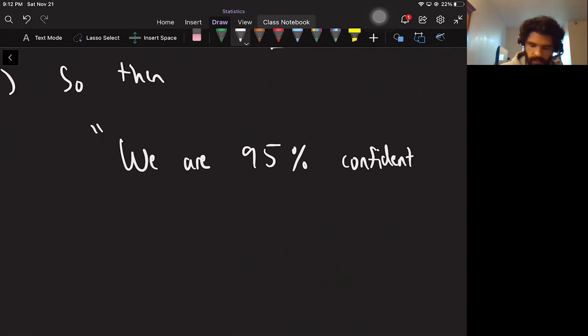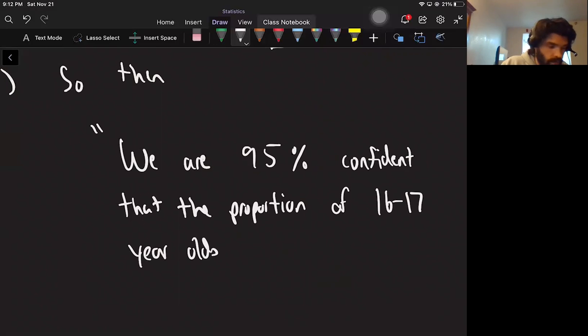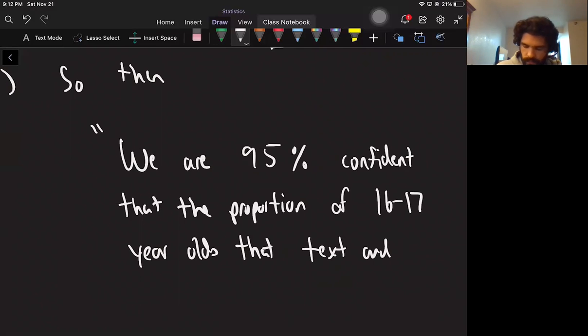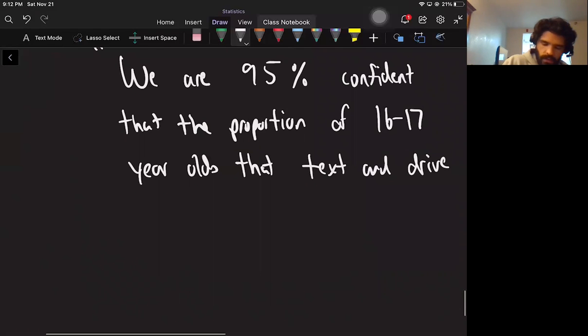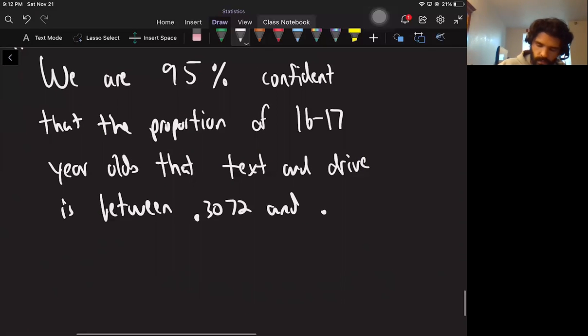So we are 95% confident that the actual proportion, which now we have to say in the context of the problem, the proportion of 16 to 17-year-olds that text and drive is between, and then we say the confidence interval, 0.3072 and 0.3728.